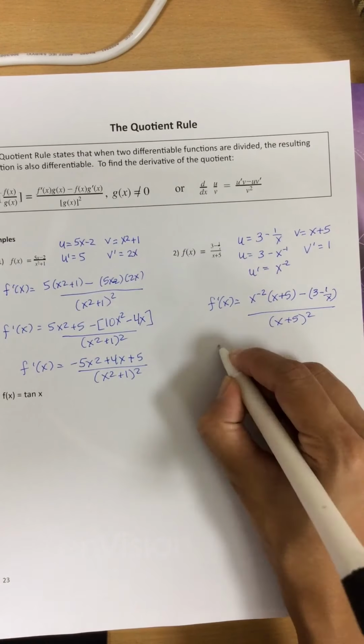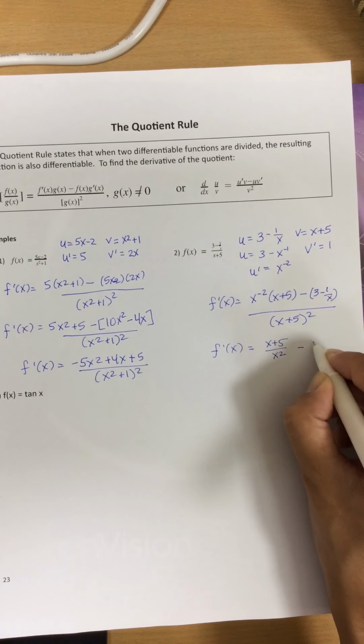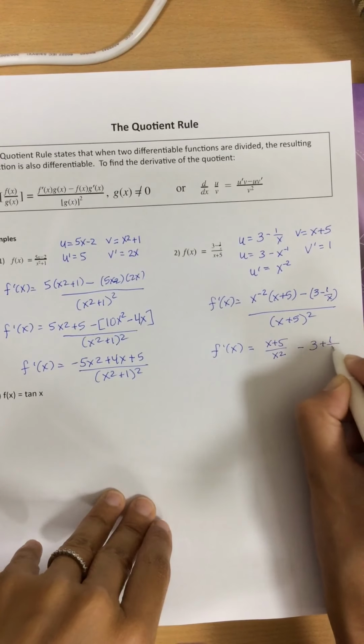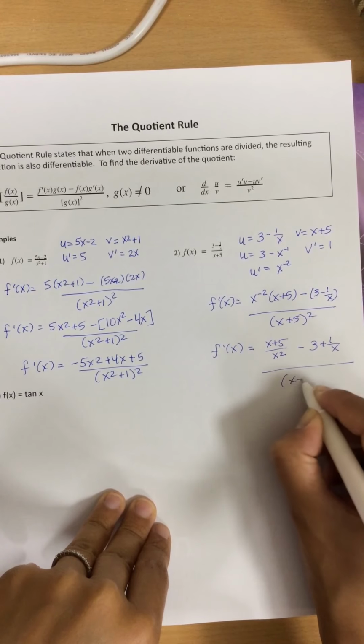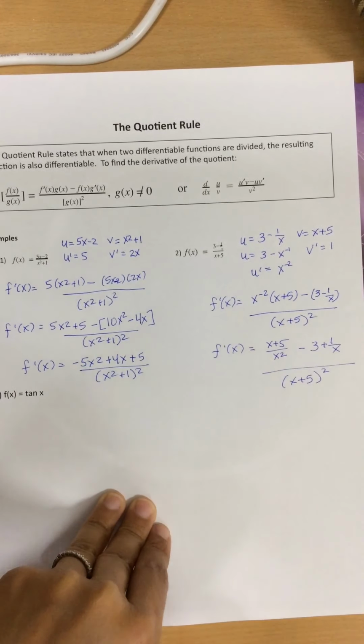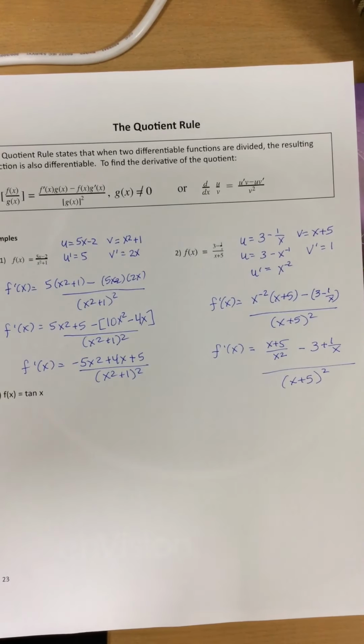Let's see. You'd end up with x plus 5 over x squared minus 3 plus 1 over x, all over x plus 5 squared, right? We could probably do some more to get these x's off the denominators, but I'm not going to do that now, right?